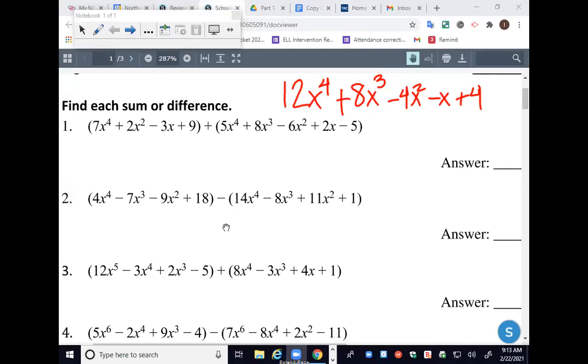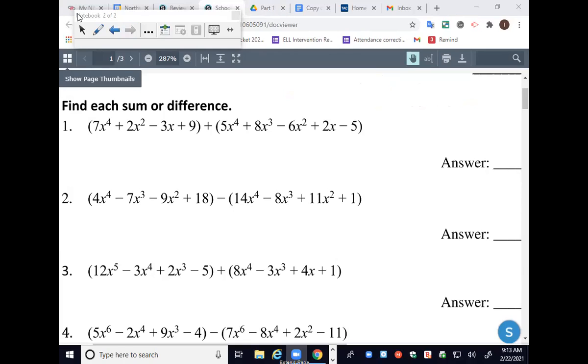Okay, so let's do a subtraction. Let's do number 2 since it's up so close. Let's go there. So, same concept, right? We're putting our terms together that are the same.